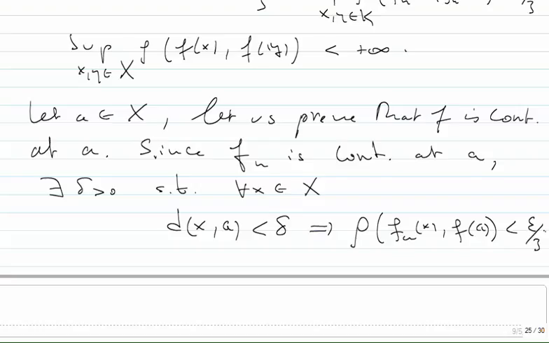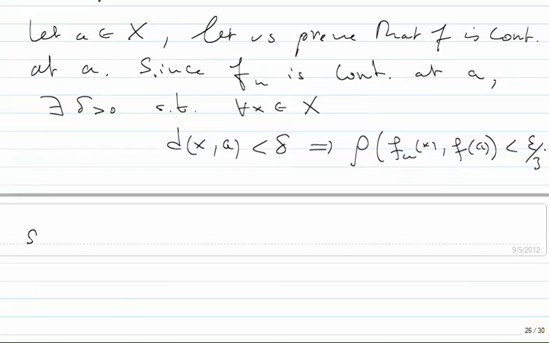Just to convince you, we know that n depends on epsilon because we found n0 from the Cauchy definition of Fn. So the n here depends on n0, depends on epsilon, and therefore the delta, which depends on Fn, also depends on epsilon.